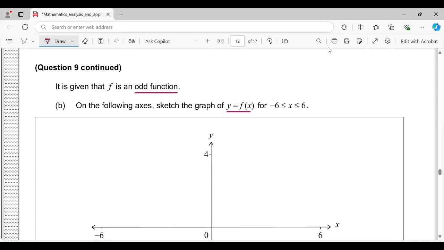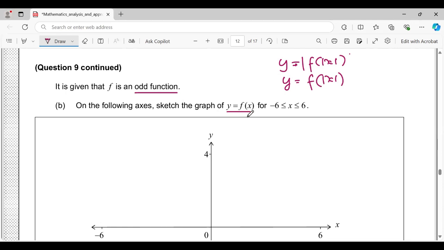Just now we sketched y equals modulus f(x). From the first graph, y equals f modulus x, now we're going to sketch an odd function graph.